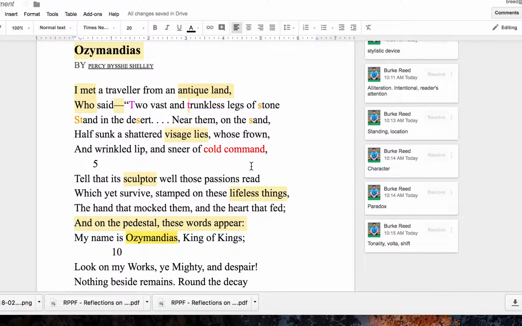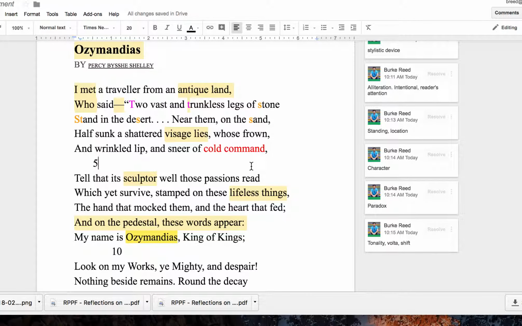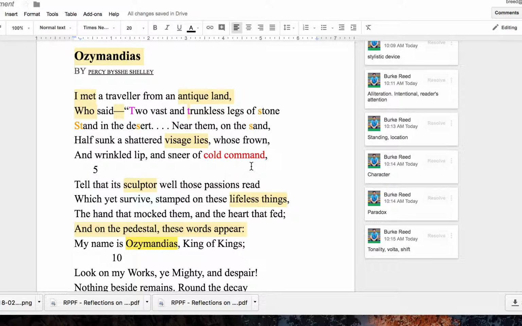And then my final little note is about Percy Shelley. You should do a little bit of research on all of these authors before you take your summative. But with Percy Shelley, he was a writer, both a political and social activist. And this entire poem is really just commentary on the time period in which he lived and some of the political figures that were ruling the society where he came from.